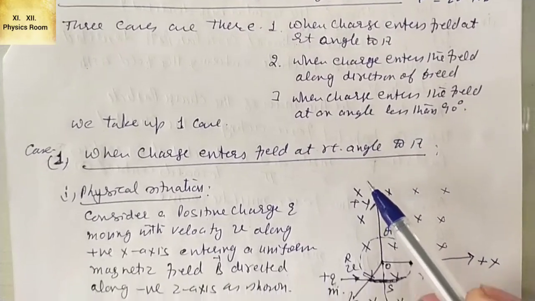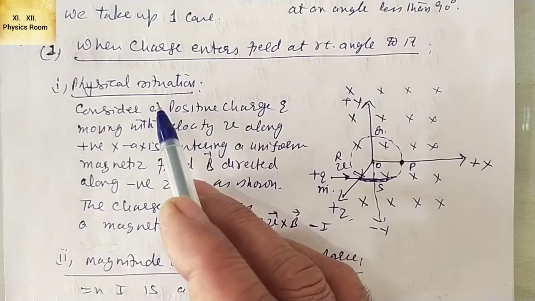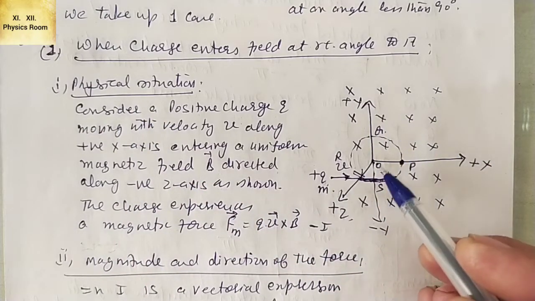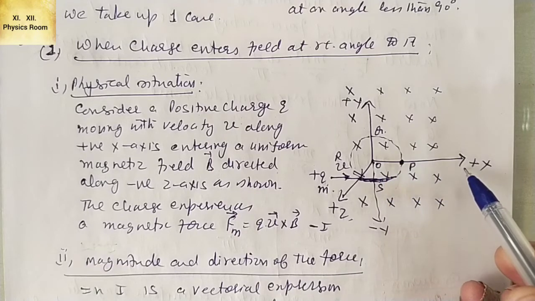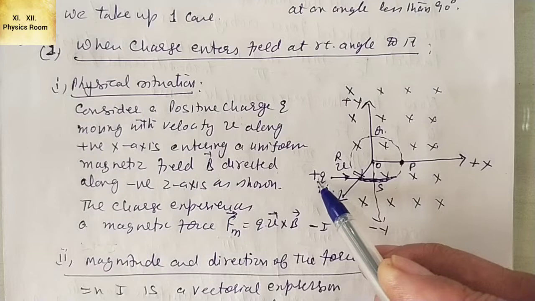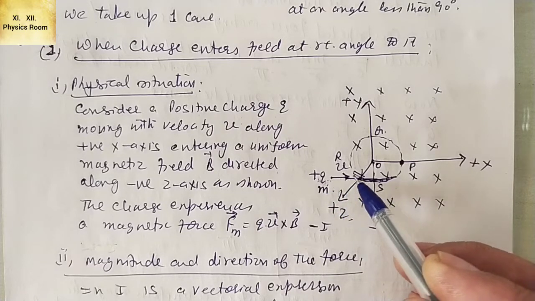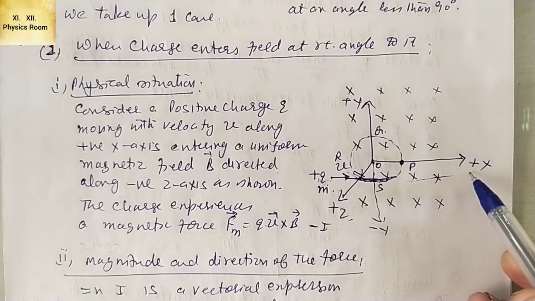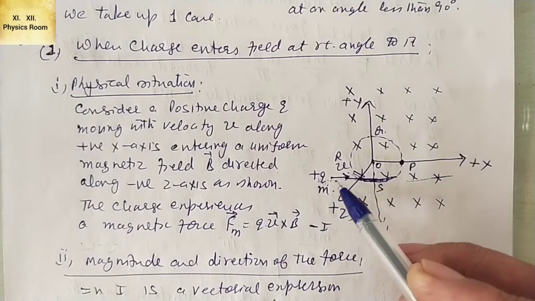Now let us develop the physical situation. The crosses indicate the direction of the magnetic field along negative z-axis. This is the positive x-axis, and the charge plus q, positive in nature, enters the field in the direction of positive x-axis with velocity v. m is the mass of the charge, v is the velocity of the charge.